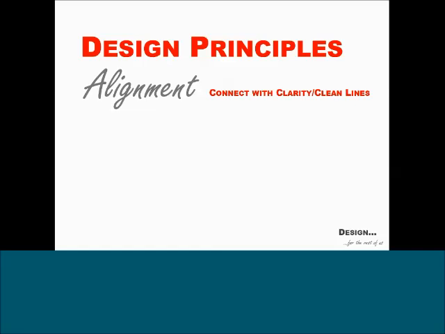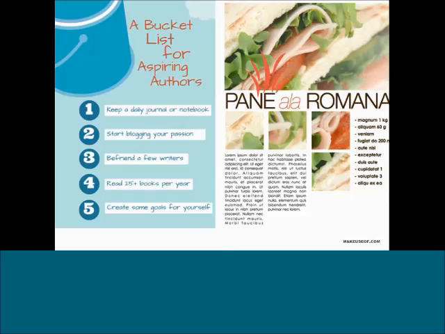On to alignment. Alignment's also used to connect the pieces into a whole. So it's all about finding the invisible line. If we go back to these same designs that we just looked at, alignment here, all the numbers are aligned, all of these boxes are aligned.